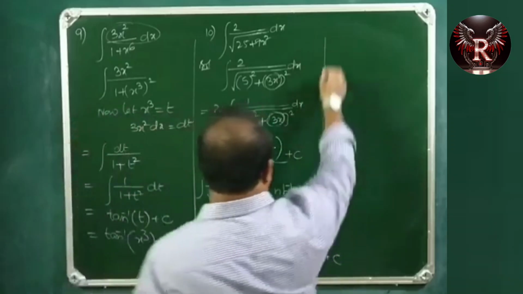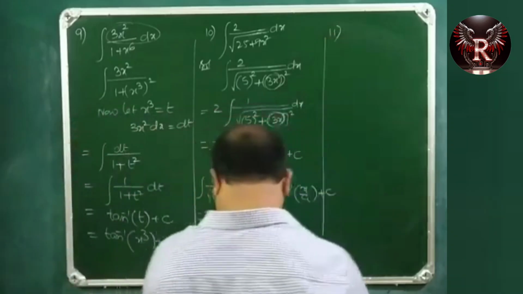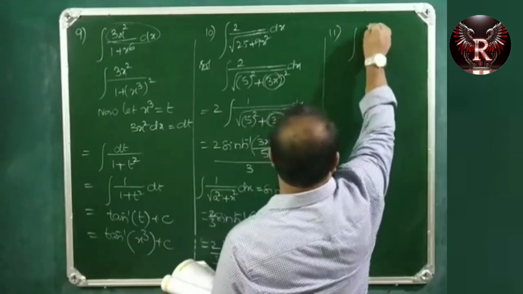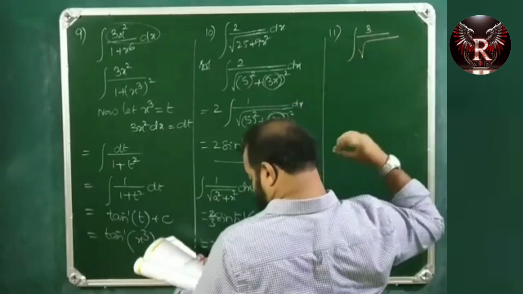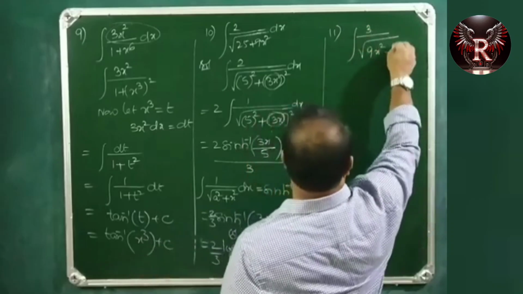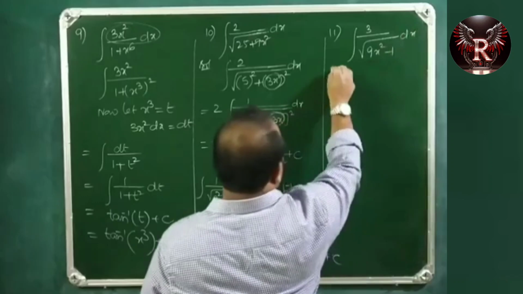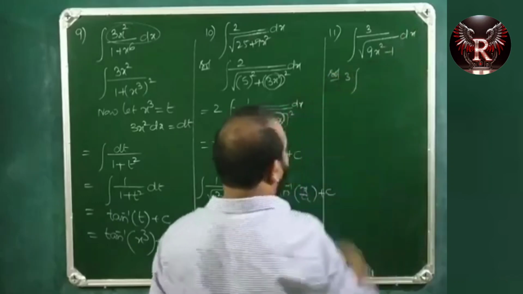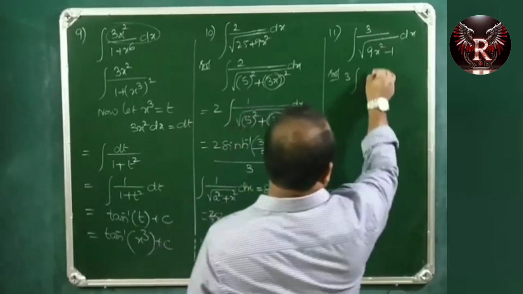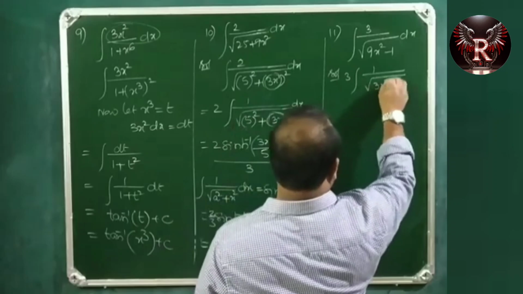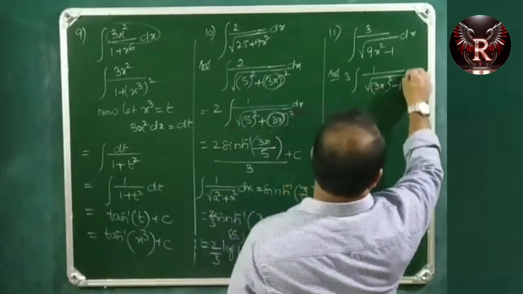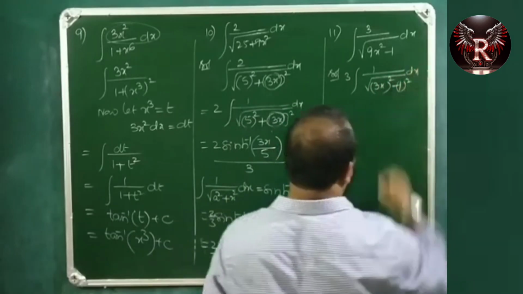Now the next question is integral of 3 by square root of 9x square minus 1 dx. So 3, I am separating from the process of integration. 1 by this is 3x whole square minus 1 dx. So 1 also we can write as 1 square.